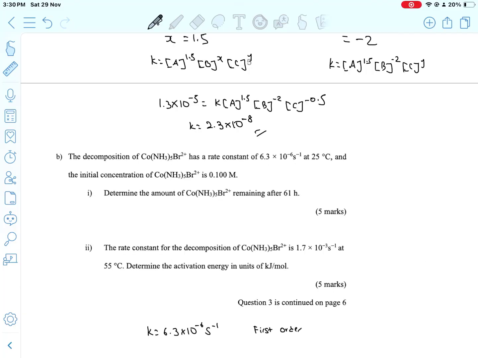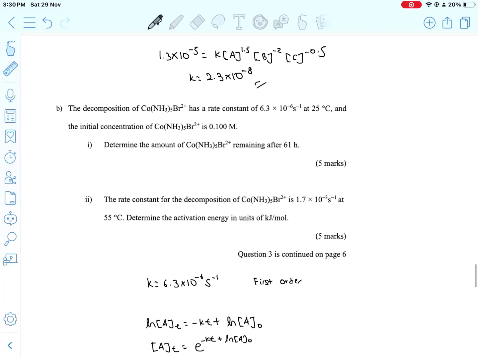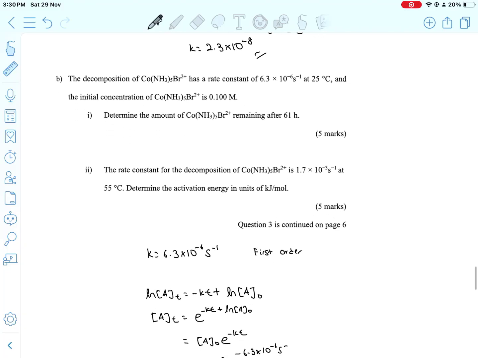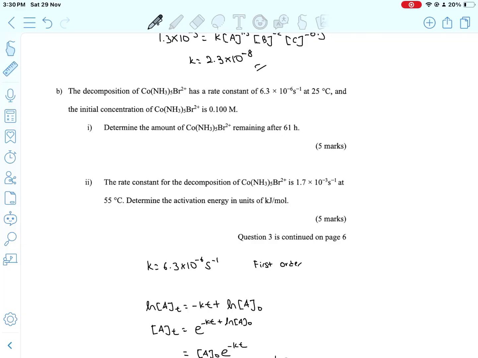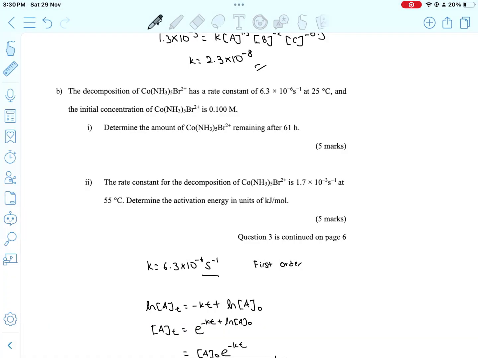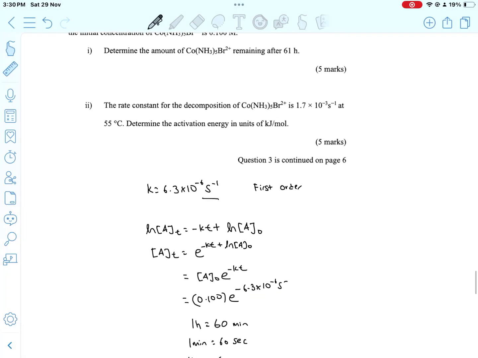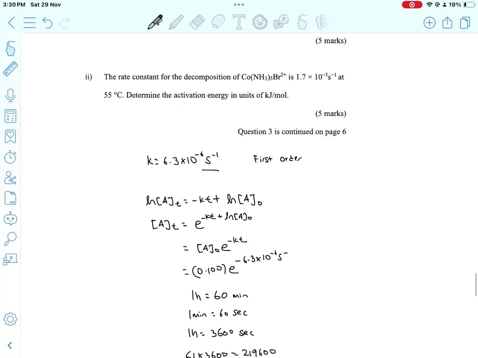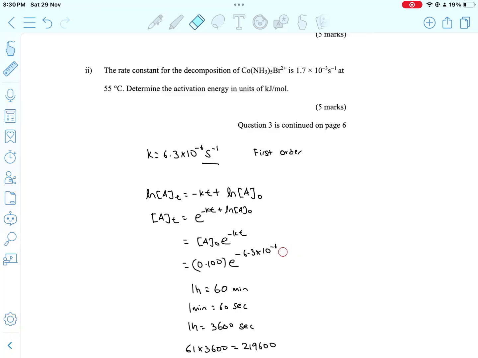Okay, so part C of this question, it will ask you to determine the amount of whatever that compound is after 61 hours. So you first have to identify that this reaction is actually first order. So you do that by seeing the units. So the units of your rate constant is per second. So per second will indicate that it's first order. So then the first order integrated rate law would be the ln one lah.